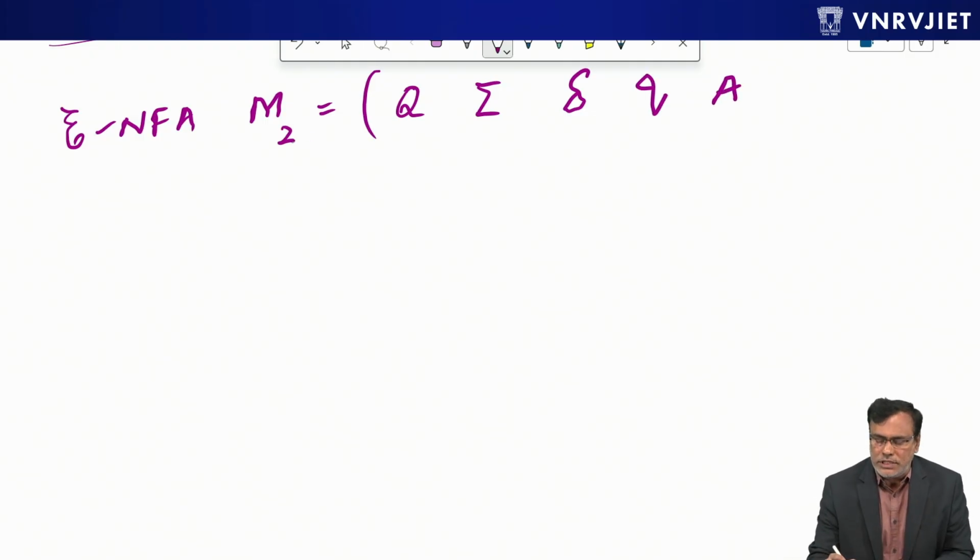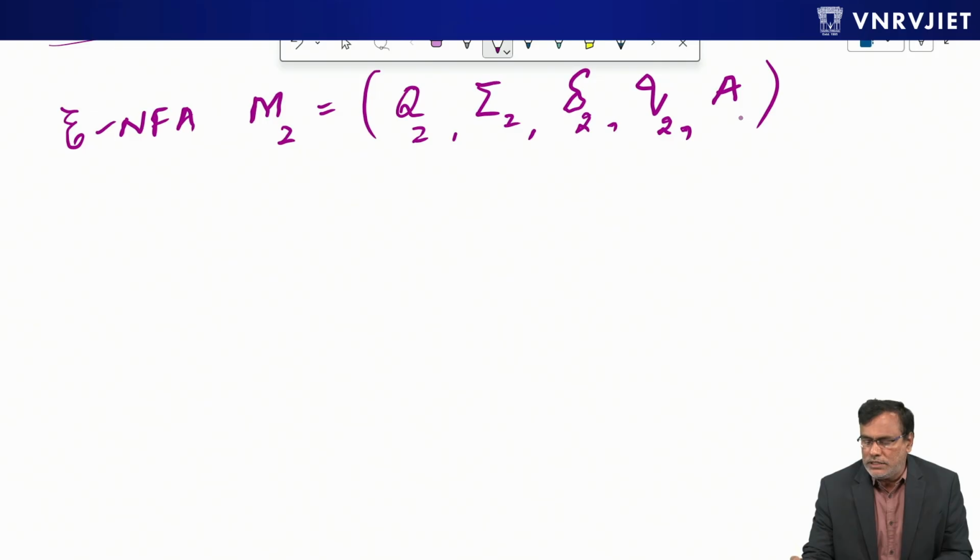I am using the subscript 2, that is M2. For the elements in the tuple also I am going to use the subscript to avoid confusion: Q2, sigma 2, delta 2, a small q, that is the start state, and A2, a set of acceptor final states.